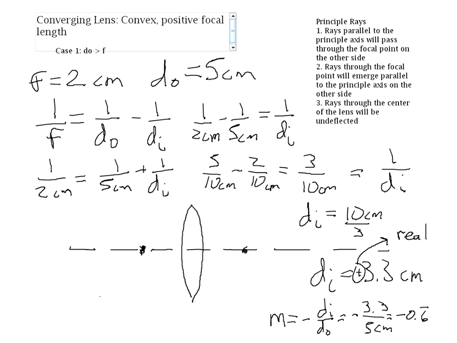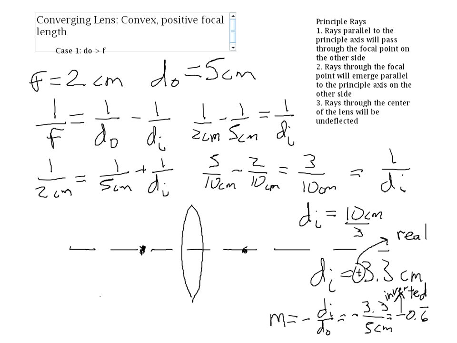The fact that we got a negative magnification means that our image is going to be inverted, or what you would call upside down. And it will be about 60% as big as the original object. Now, that's how we do it algebraically in the case where do is greater than f.